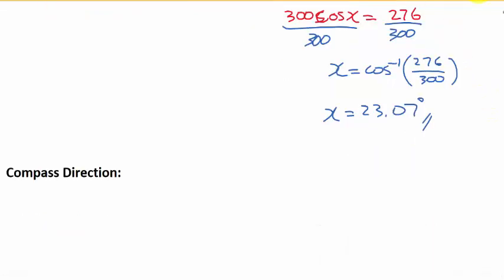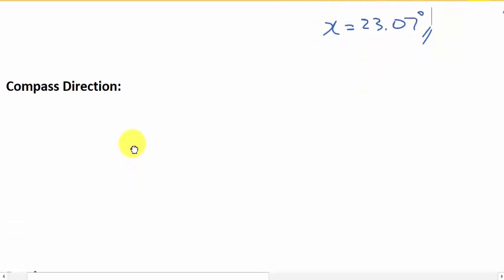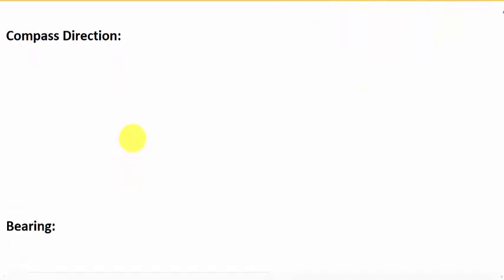So with the cosine law, there'll be some compass direction questions. And so what I'm going to do is show you what a compass direction looks like. It may look like this.